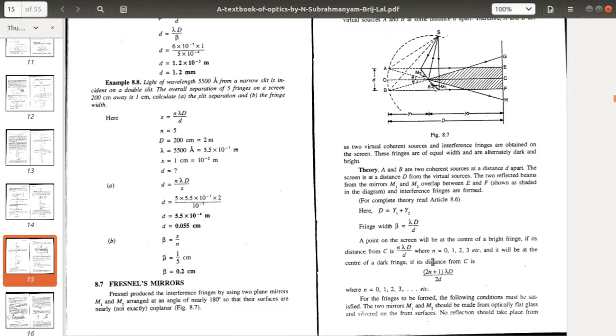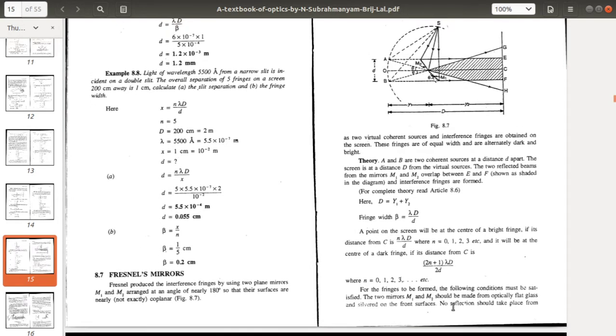It will be a dark fringe if the distance from C to the center of that fringe is (2n plus 1) lambda D by 2d. These are the conditions for bright and dark fringes, which we have discussed in the last classes. If the fringes satisfy these conditions, we will obtain bright and dark fringes on the screen.